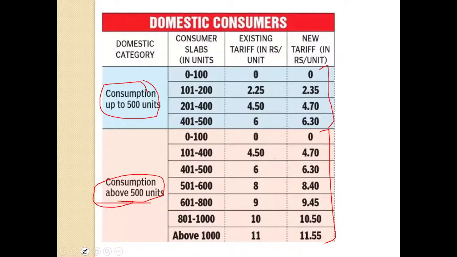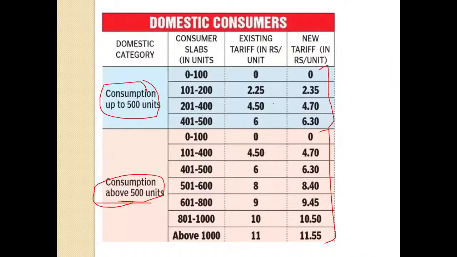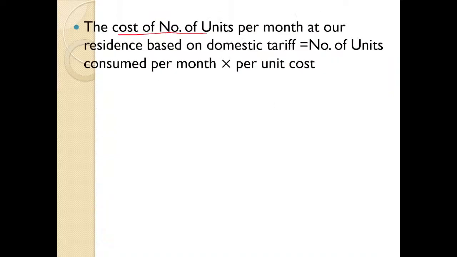So this is the tariff rating in per unit cost. Tariff rate is the per unit cost. If you want to calculate the cost of the number of units consumed per month at our house, it will be the number of units consumed per month into the per unit cost.